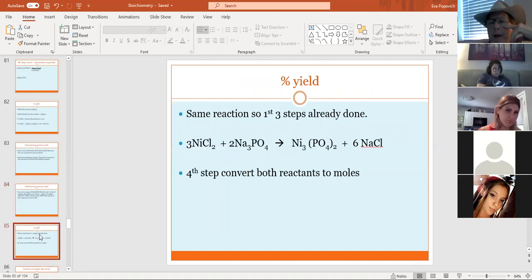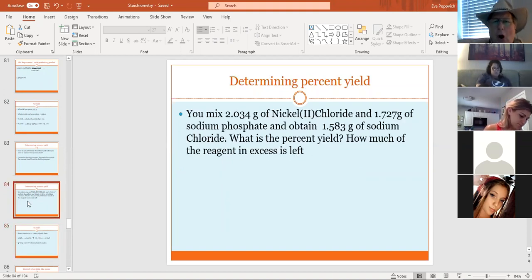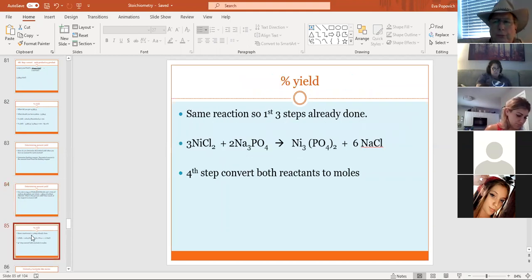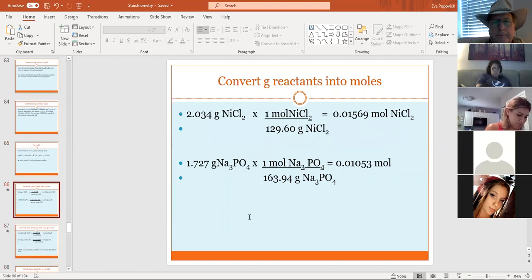All right, we have our balanced chemical reaction. So our next step is to take our grams and convert them into moles. Nickel chloride divided by the molecular weight, I got 0.01569 moles of nickel chloride.